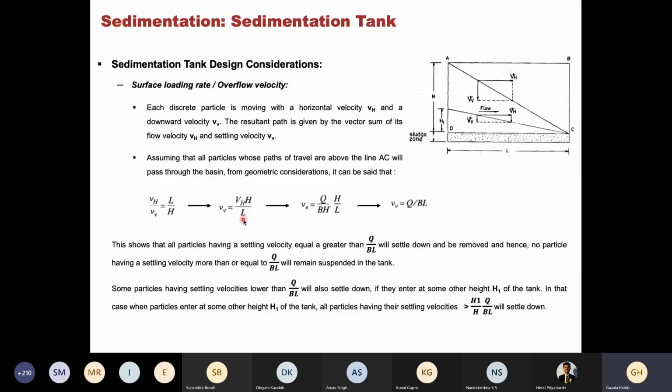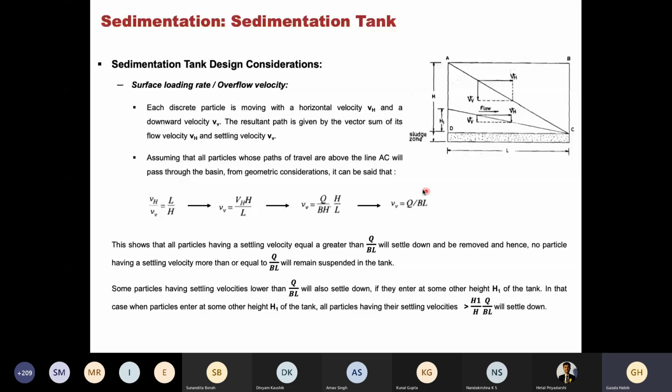So Vv can be given by Vh into H by L, and the horizontal velocity Vh can be given by the flow rate Q divided by B into H, because it is affected by the cross-sectional area of the tank. So Vv is equal to Q upon BL. Any particle having vertical velocity greater than Q by BL will settle down.